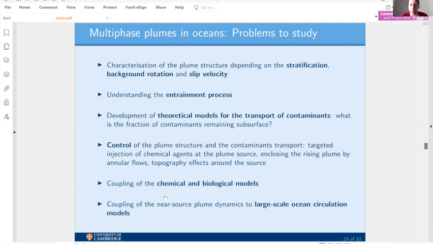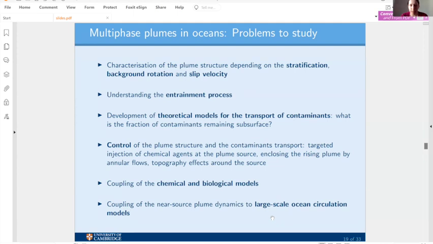So this means that the amount of contaminants remaining subsurface will undergo some chemical and biological processes, and the amount of contaminants reaching the water surface can then be coupled to the large-scale circulation models in order to understand how the oil will move on the ocean surface and what is the amount of oil that will reach our coastal areas.